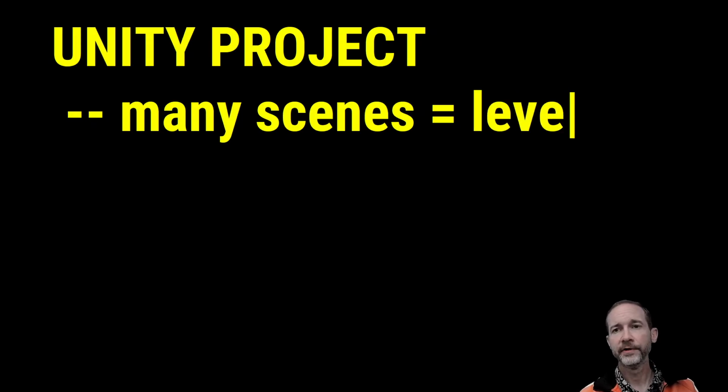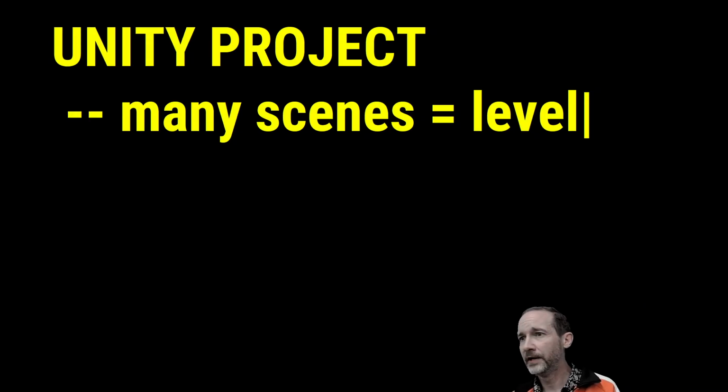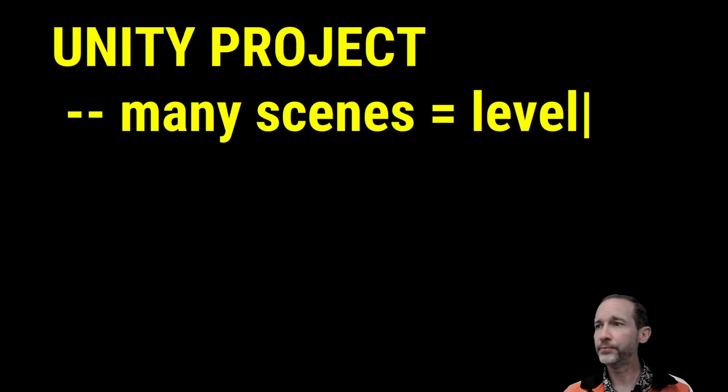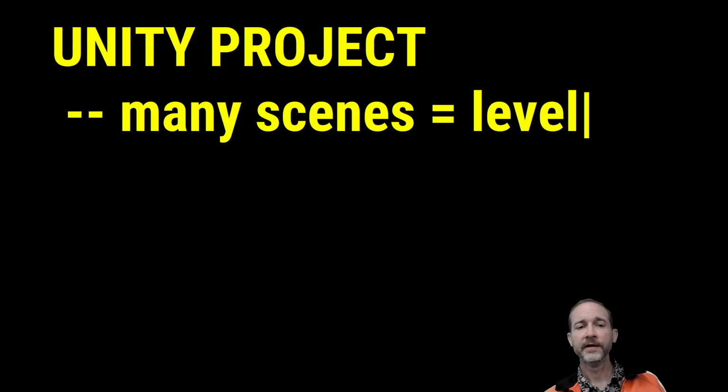A scene is essentially, it'd be good to think of it as a level right now, right? And certainly if you make a multi-level game, each level is most often a separate scene, okay? So a scene's like an area in the game environment in which you can put stuff that does things, right? And you can have many different scenes.